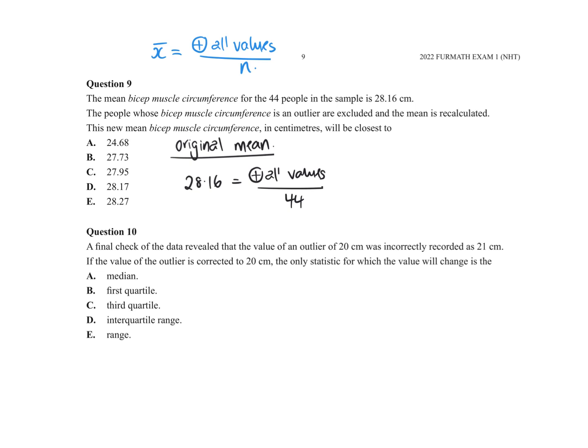So if I want to get the new mean, the new mean is going to be all the values added up, but minus the 4 outliers. Would you agree? Yeah? And then divided by, there were 4 outliers, so it would be divided by 40 now. So I need to know all these values.